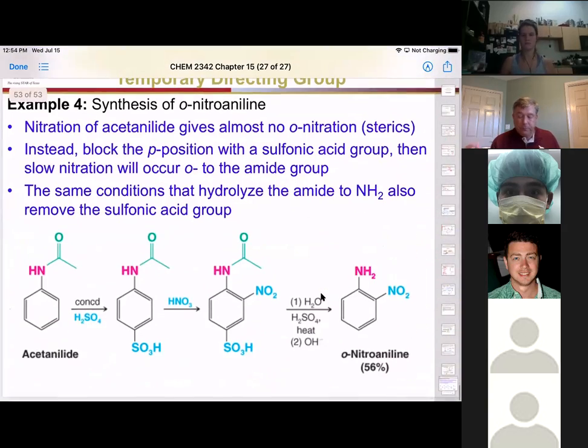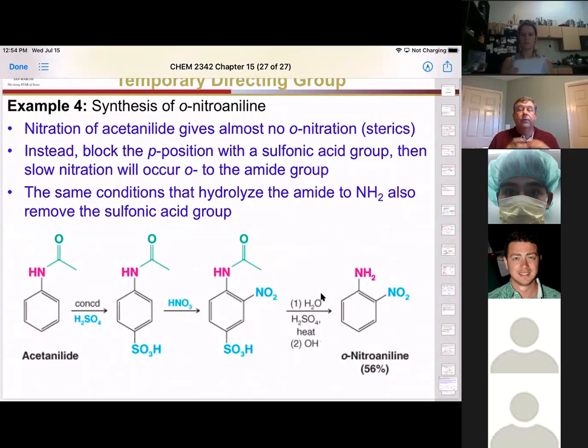All right. Okay, so for example, let's start again with that acid aniline we used before, which is the acetate amide of the aniline right there. And let's say we wanted to make, instead of the para-nitro compound, the ortho.